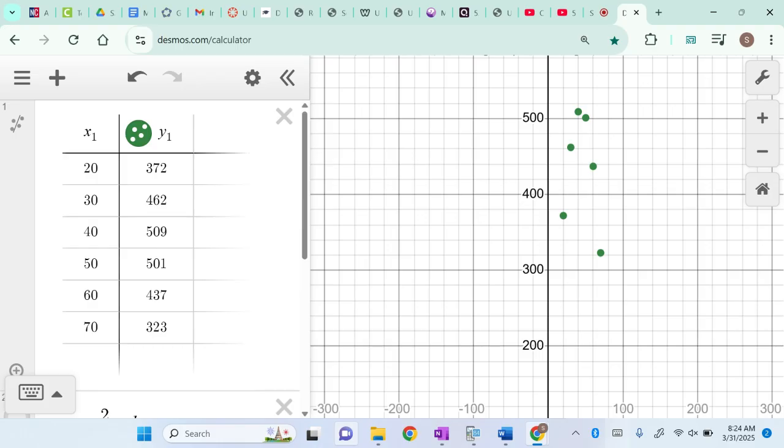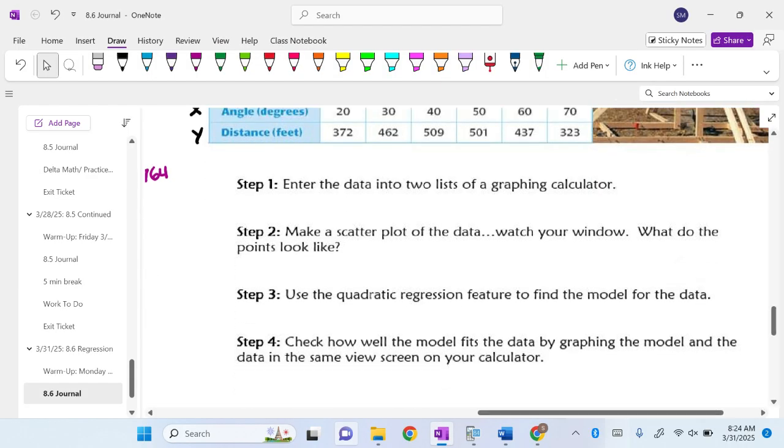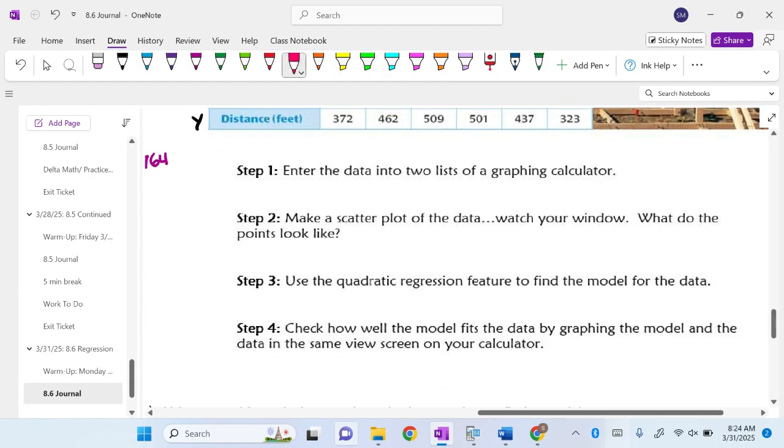So if it doesn't tell you exactly which type of regression to use, look at the scatter plot and be like, okay, this could most likely fit a quadratic. And see which one fits the best. This definitely looks like a quadratic regression.